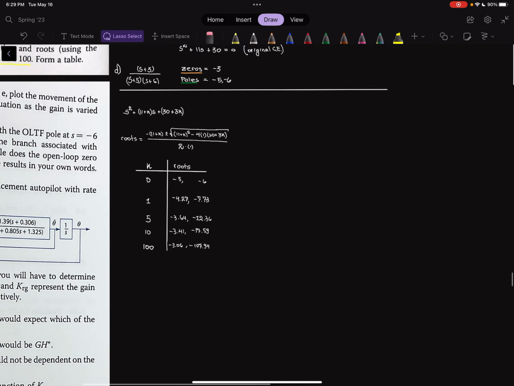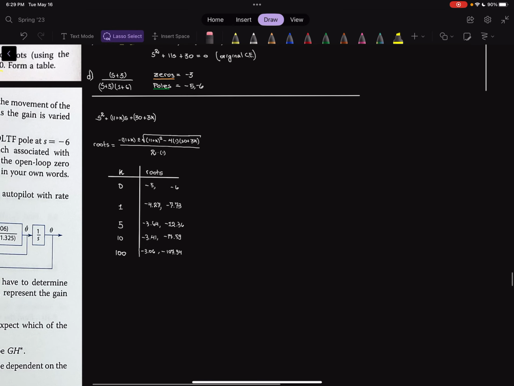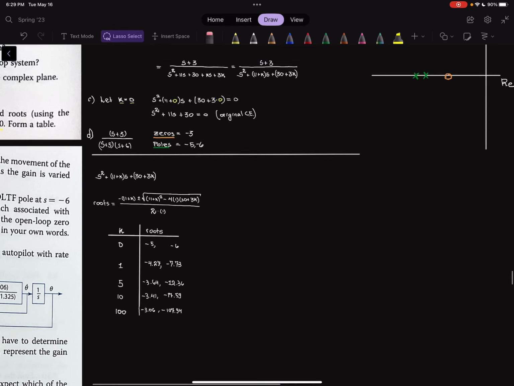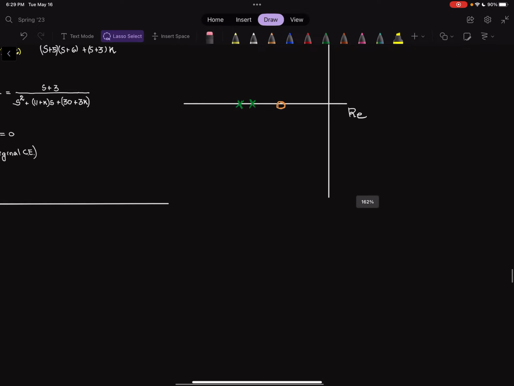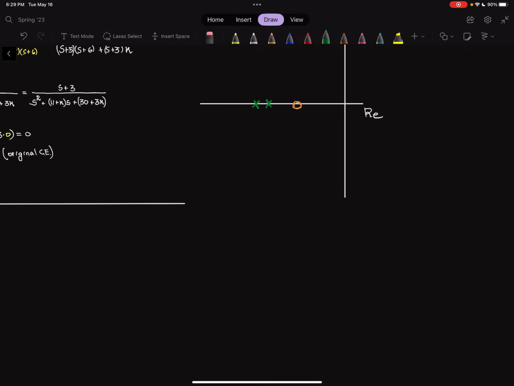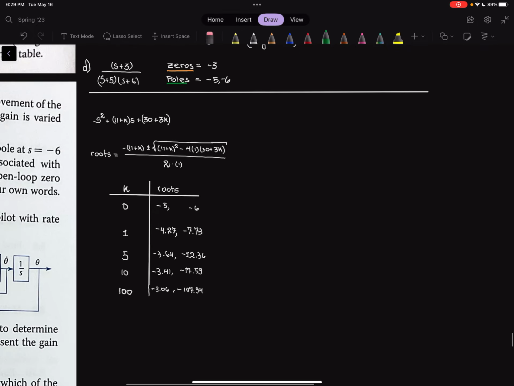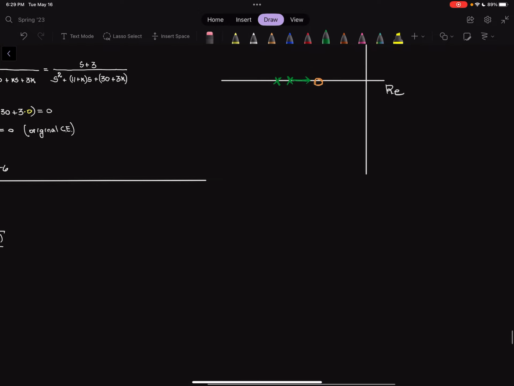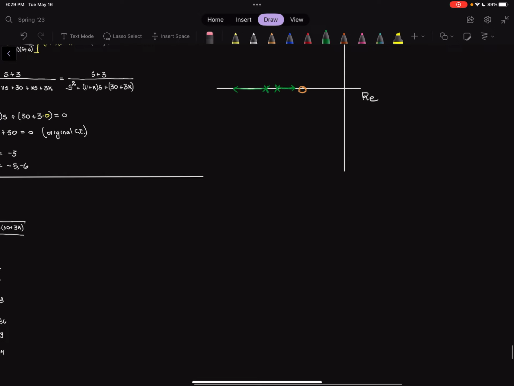So the first root, -5, increases and goes towards 0. The other root goes towards -infinity.